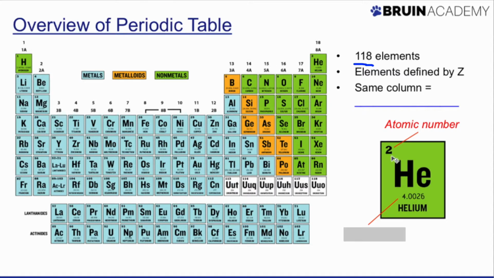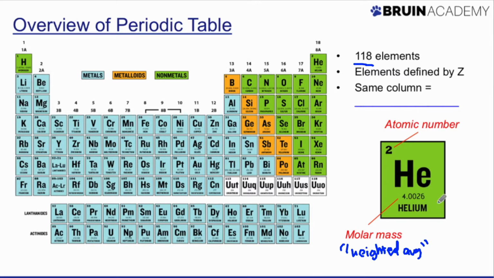Okay? So there's 2 important numbers that always appear in the periodic table. The first is atomic number, and the second is this number that's often a decimal, and that refers to the molar mass. Okay? So you can think of the molar mass as sort of a weighted average of the mass number.